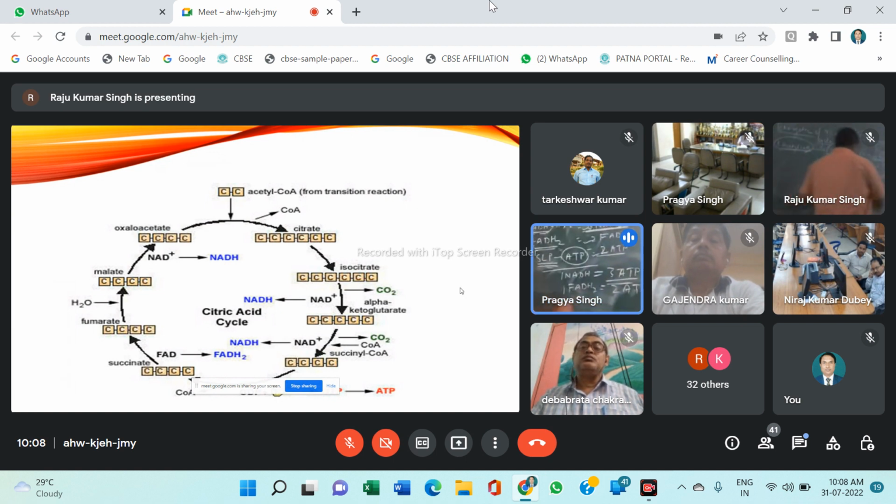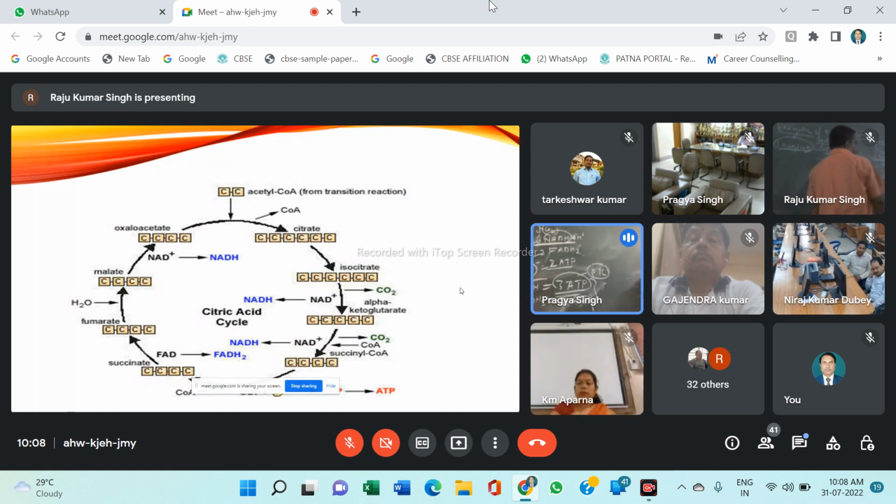Where are they forming this? Using the ETC. In the ETC, when they are moved to the electron transport system and oxidized through the electron carriers, NADH will be releasing 3 ATP and FADH2 will be releasing 2 ATP. We'll be seeing that with the ETC. So 3 ATP and 2 ATP.